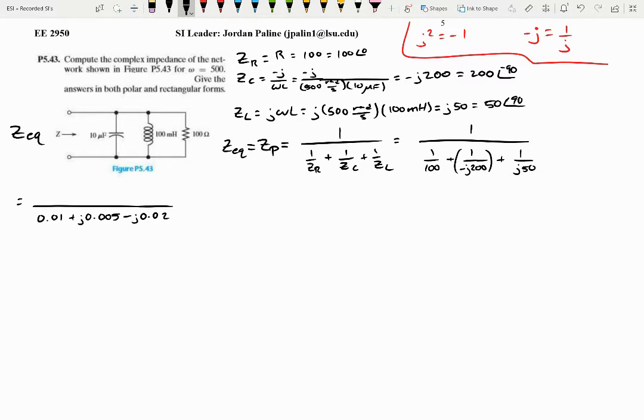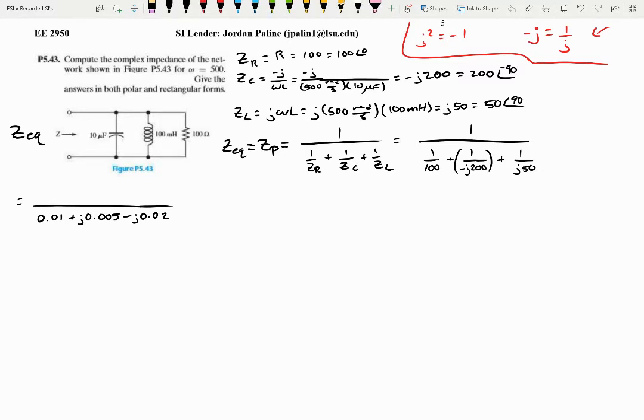Because what we did is we took this 1 over negative j 200. 1 over 200 is 0.005, but the 1 over negative j is just equal to j, because from up here we can just switch those around. So 1 over negative j is just equal to j. Multiply and divide. And that's the concept we're going to use all through this.